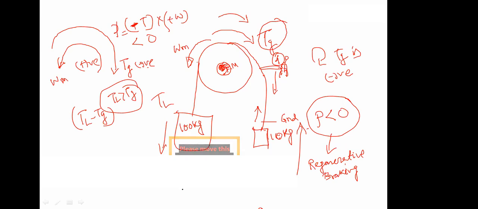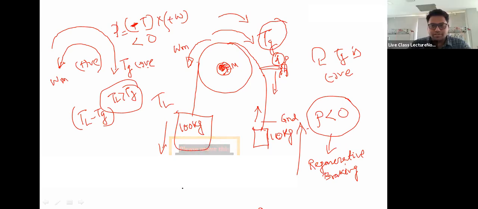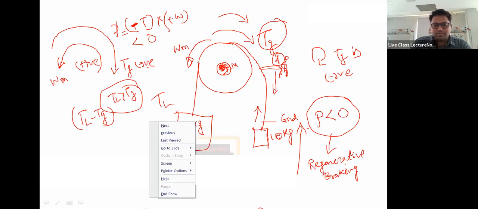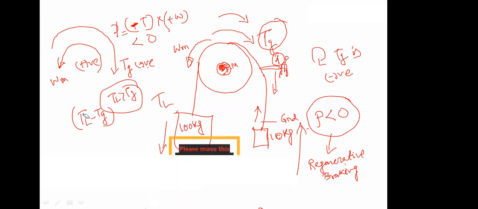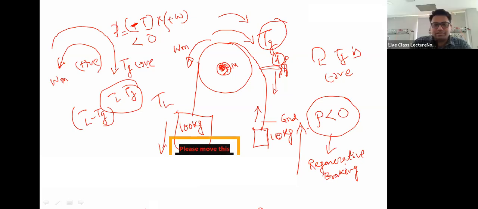Yes, sir, but it is trying to have a reverse torque. And what torque is responsible for this? TG. TL. Oh, yes, yes, sir. TL. Just a second. It's very interesting. It took some time for me to understand in my days.